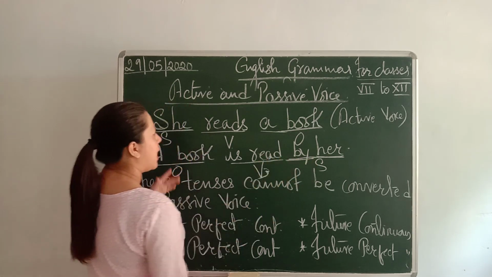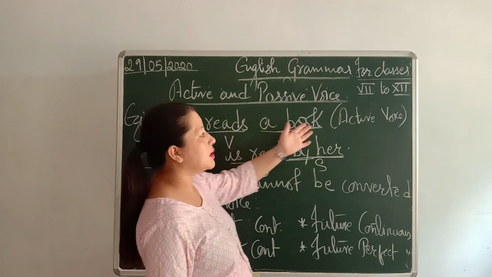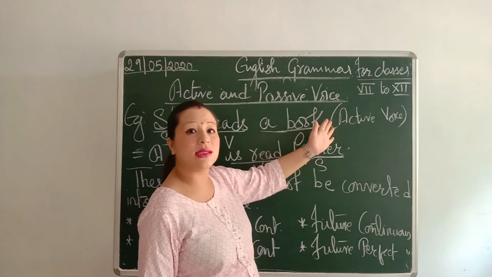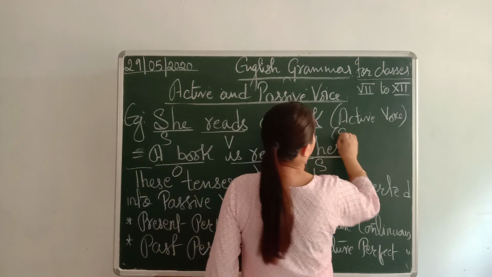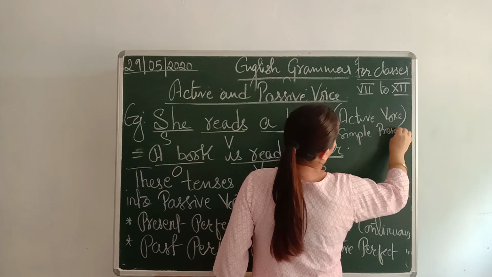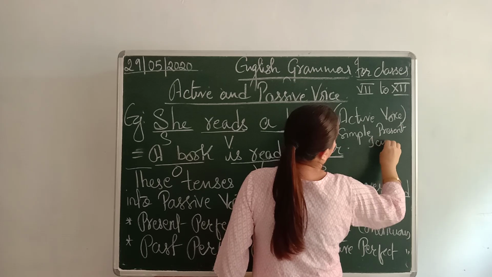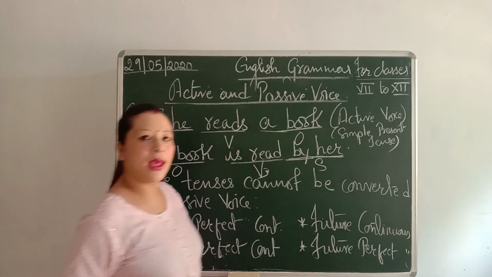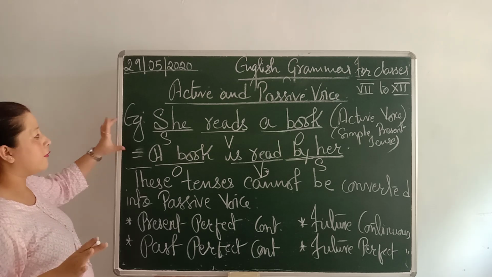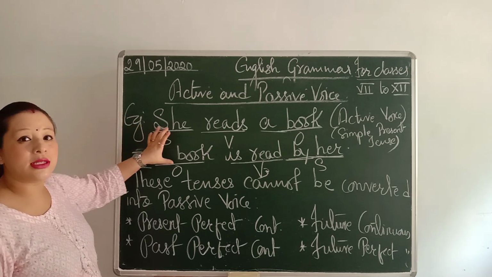This is by, and this sentence, she reads a book, is an active voice, but in which tense? It is in a simple present tense. So the first 5 basic rules I have explained to you with the help of this example.